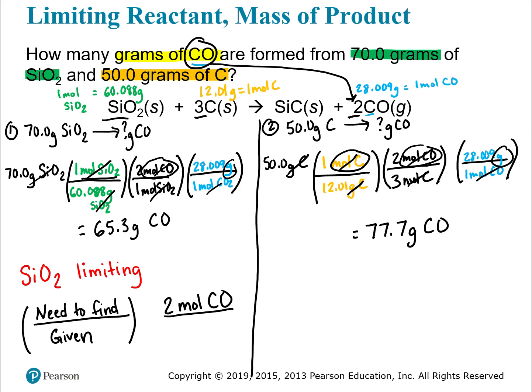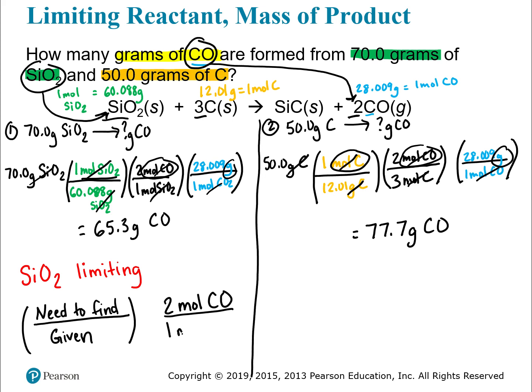I'm given information for the silicon dioxide and the carbon. This time we're dealing with the silicon dioxide since that's the side I'm writing on. So I go here. I look at the chemical equation. There's 1 mole.